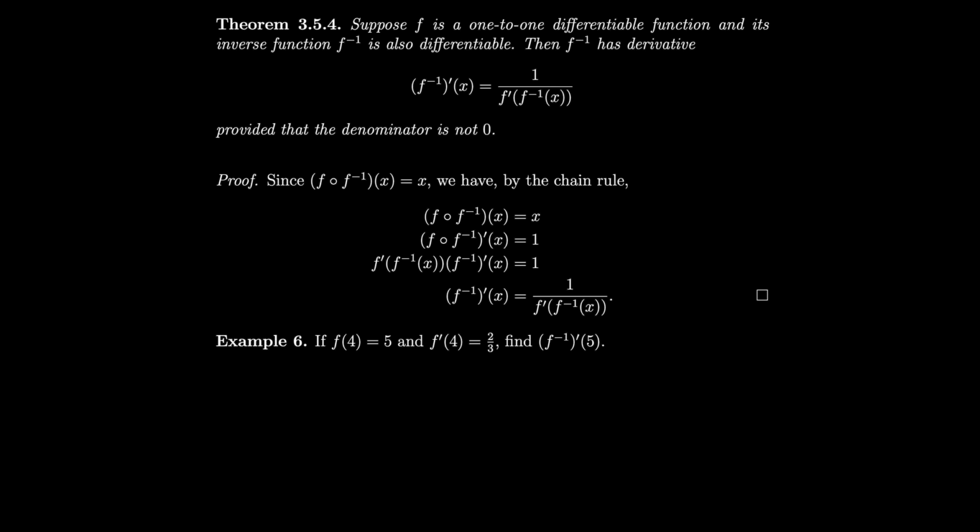So as an example, we want to find the derivative of f inverse at 5. So f inverse prime of 5 is equal to 1 over f prime of f inverse of 5. By our formula, we're just plugging in 5.